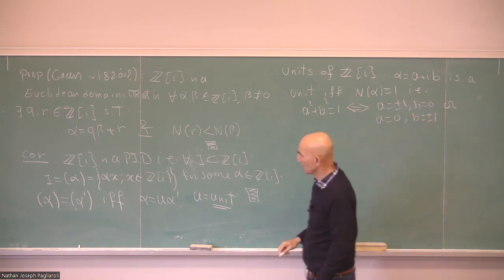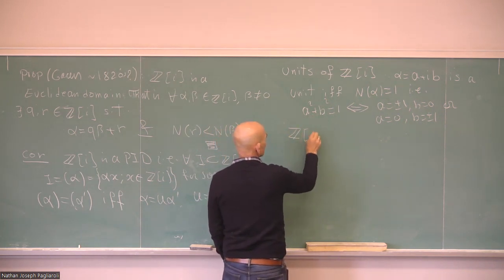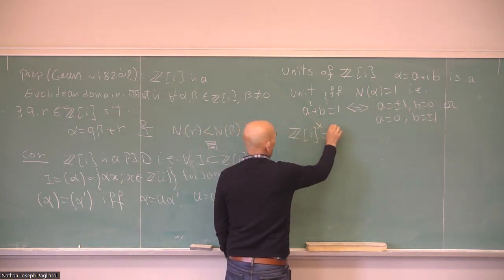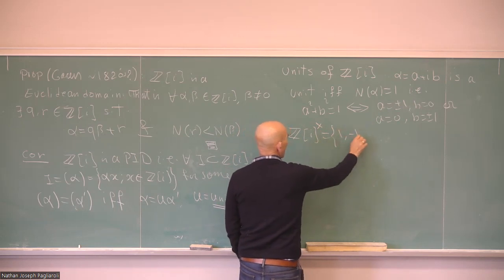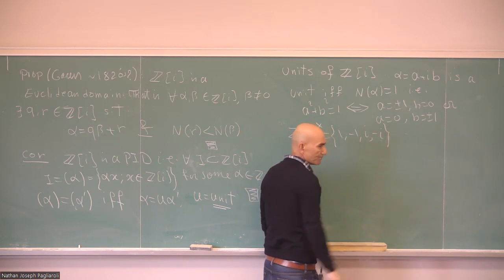So the group of units, there is a notation for it, consists of 1, minus 1, i, minus i.